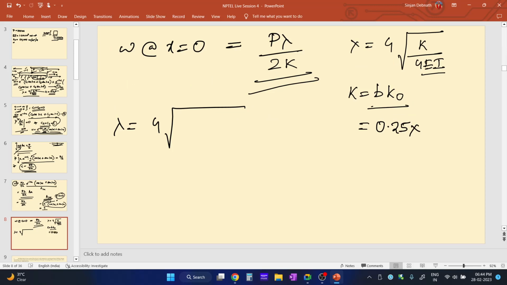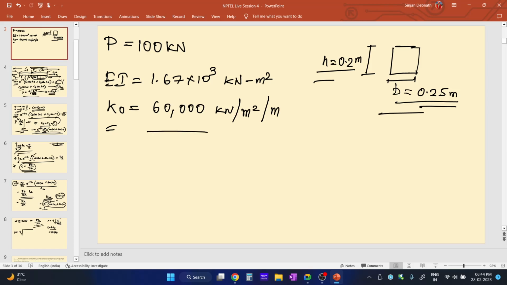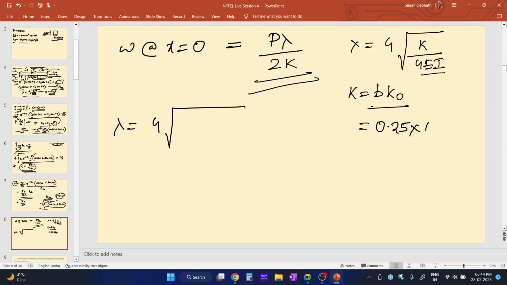K0 is 60,000, right? So what will be the unit? K0 is kilonewton per meter square per meter, and b is meter. That means this will be kilonewton per meter square. So this will be equal to 15,000 kilonewton per meter square.